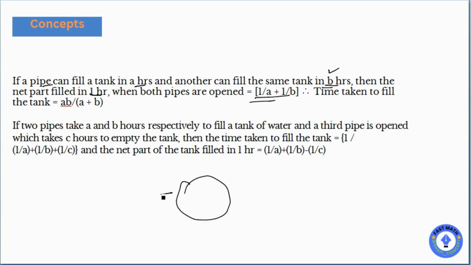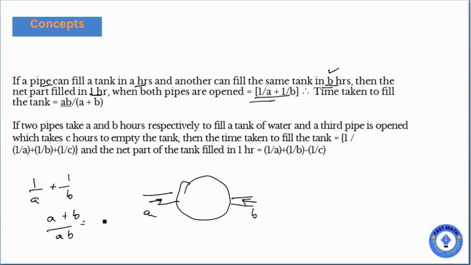It has inlets from both sides, or on any side, but they both are recharging the tank. This is A, this is B. Whenever both are recharging, that should be taken as the cumulative of the reciprocals of the pipes. That is 1 by A plus 1 by B, which you will get as A plus B divided by AB.